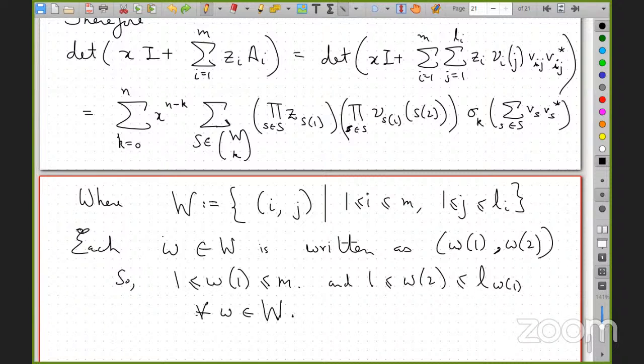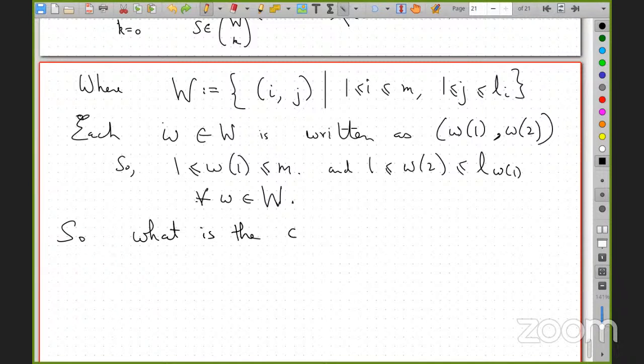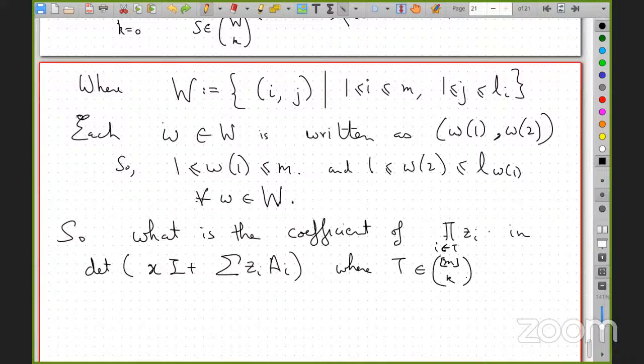So what is the coefficient of the product of z_i, i in T, in that summation, where T is a subset of just n?